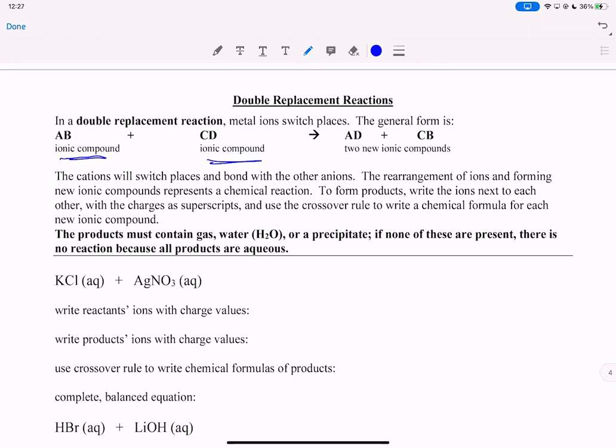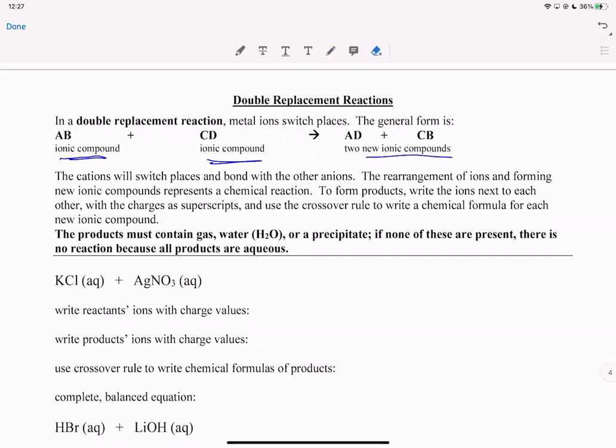If you've ever seen where 2 couples break up and then they have 2 new couples, everyone switched partners. That is what goes on in general. What you do for the double replacement reaction is write the ions with new partners, and then use the crossover rule to write the new ionic compounds.